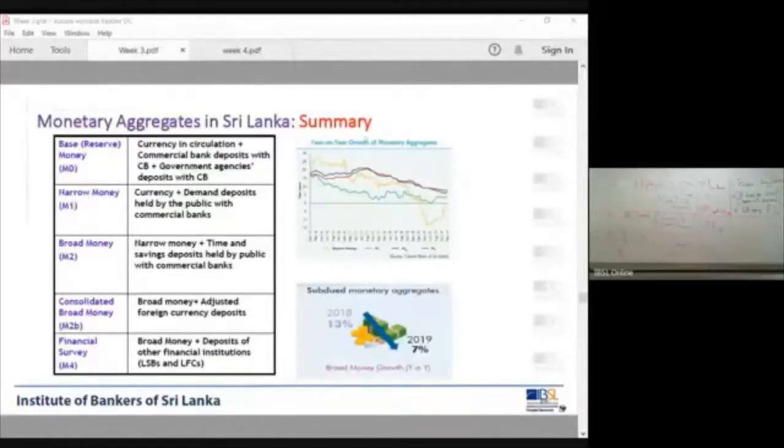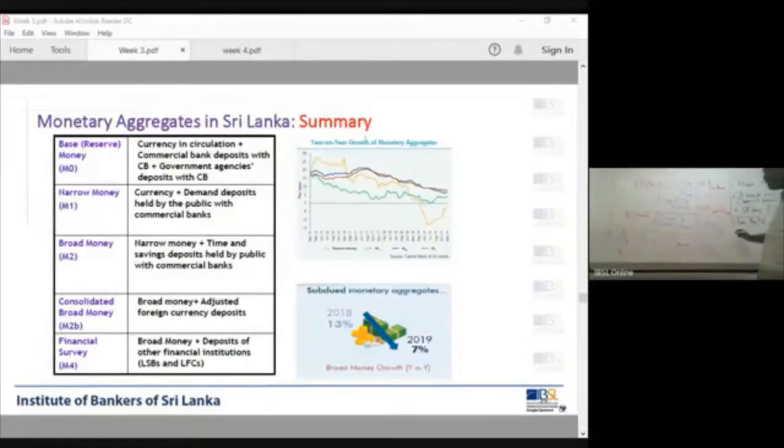So what are the factors? The first one is forex buying and selling by both the central bank and the commercial banks. Those are done by both parties.